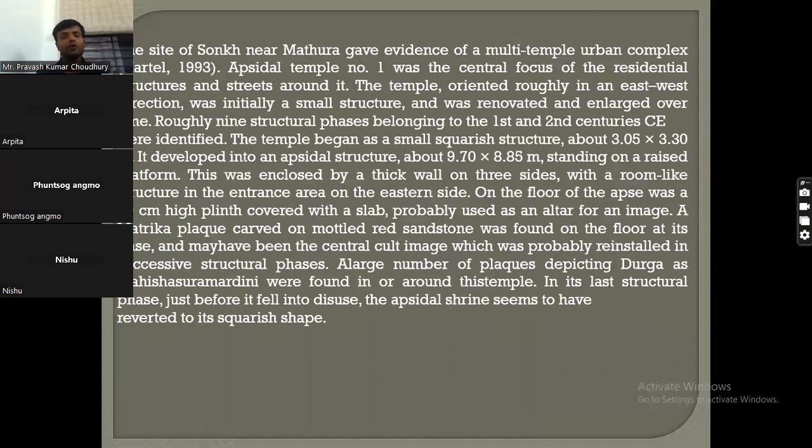Similarly, at the site of Sonk in Mathura, we have the find of a temple remain in the urban complex. So you can take up numerous examples to prove how we see the beginning of temple architecture in the Indian subcontinent from roughly the second century, third century BCE onward.